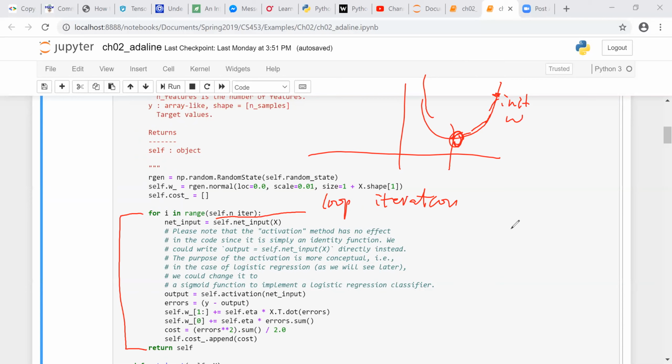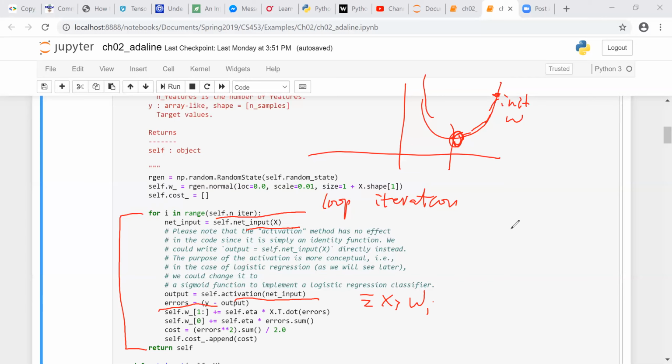First we get the net input, and once we have it we call the activation function. Basically it's the linear combination of the features and the weights multiplied together.